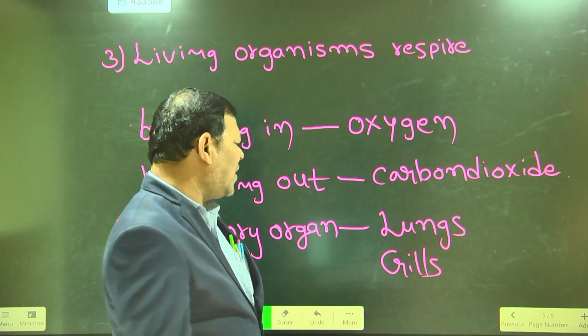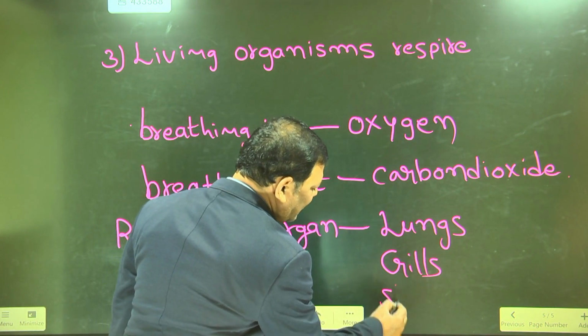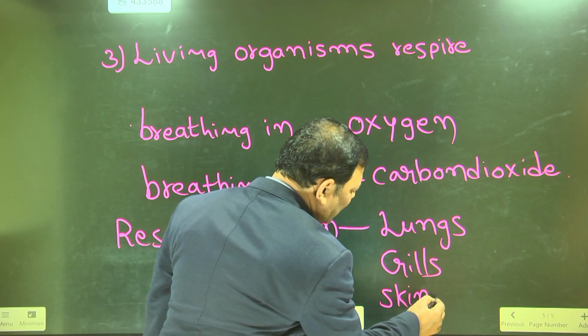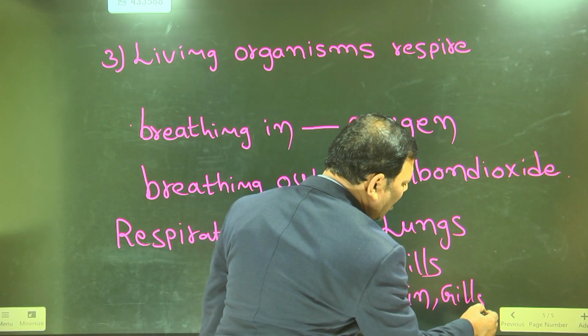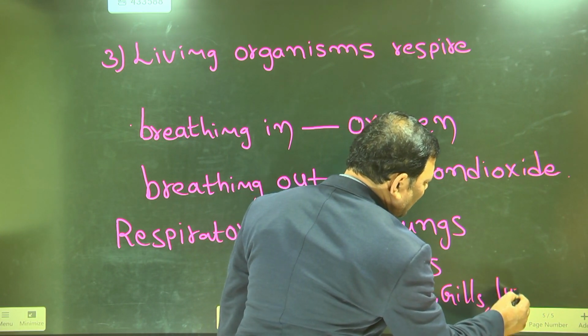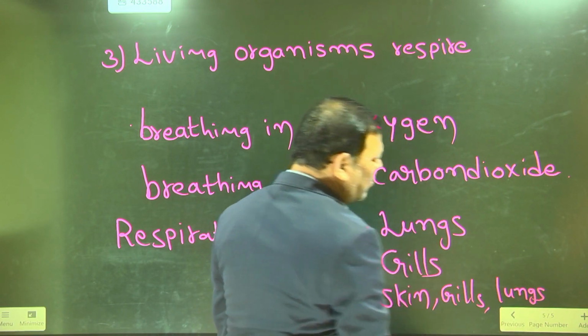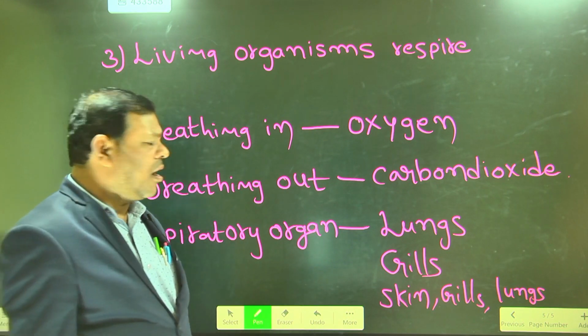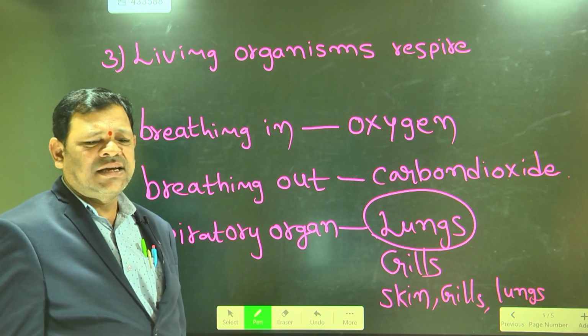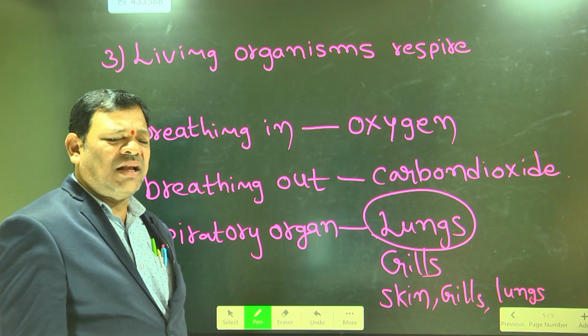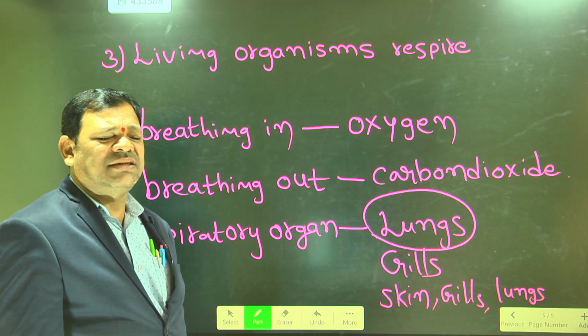The respiratory organ of the frog is the skin, gills, and lungs. What is the respiratory organ of the reptile? For almost all the remaining organisms like reptiles, birds and mammals, the respiratory organ is the lungs.